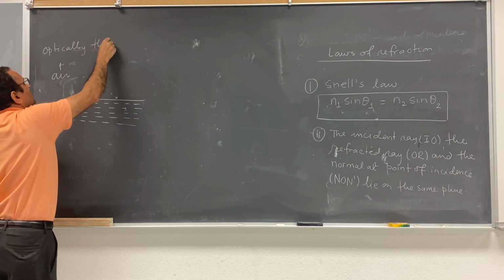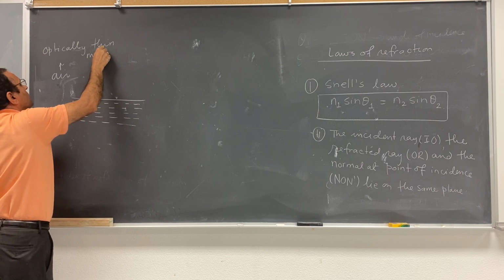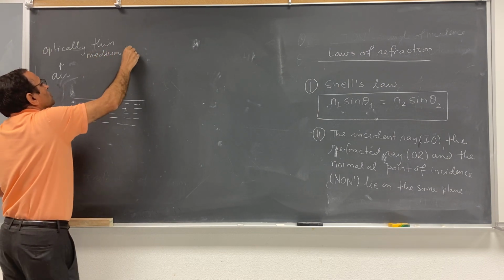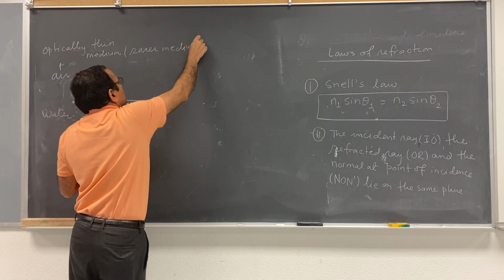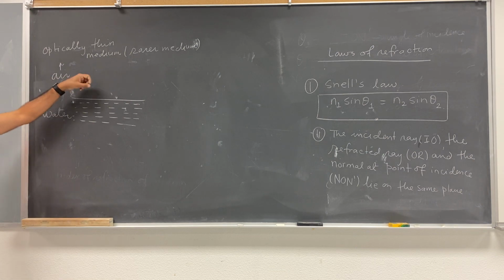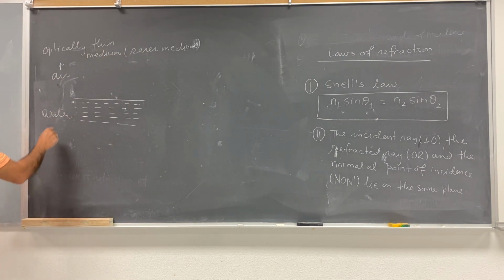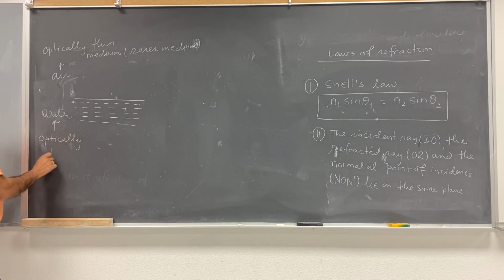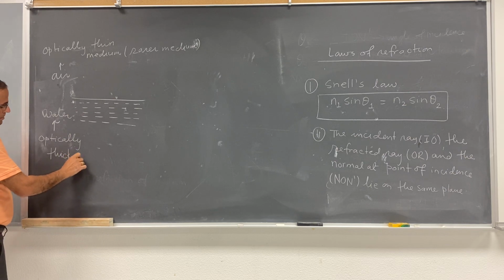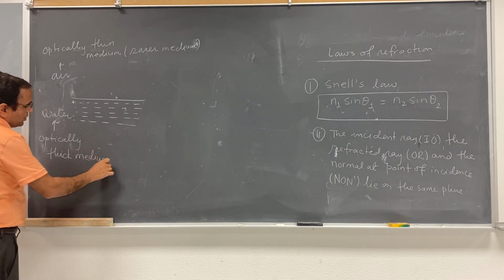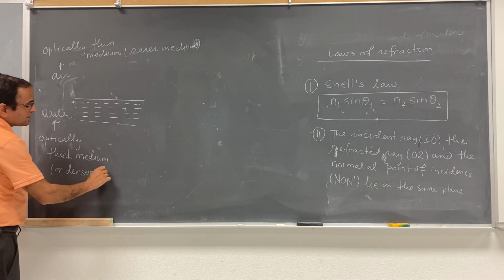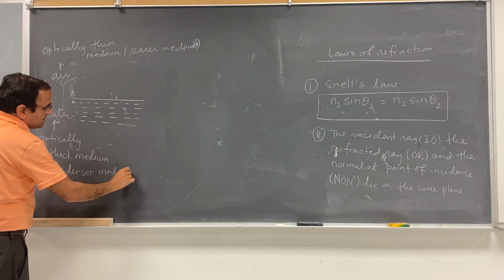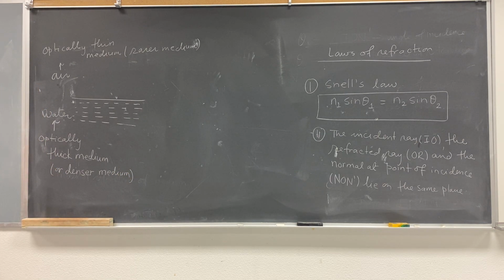Air is an optically thin medium, or you can call it a rarer medium. The density is less. And water is an optically thick medium, or you can call it a denser medium. The density is high. As compared to the air, the density of water is more than the density of air.